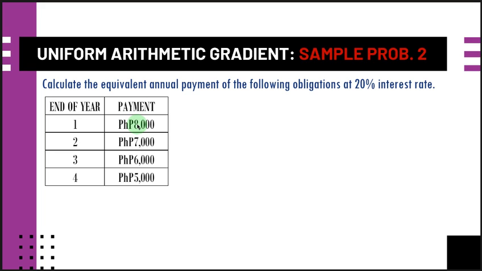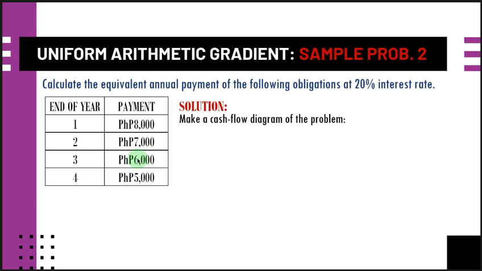Since during the first year we have 8,000, but during the second year it is decreasing. It becomes 7,000, until the third year 6,000, and the fourth year 5,000. So the question is how to deal with this kind of problem.